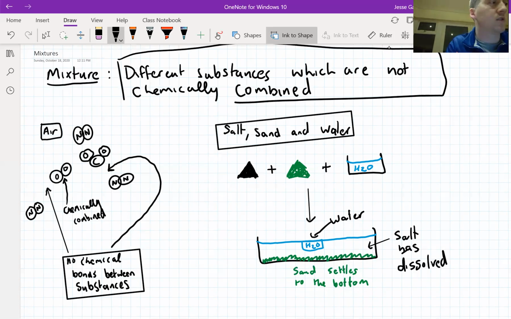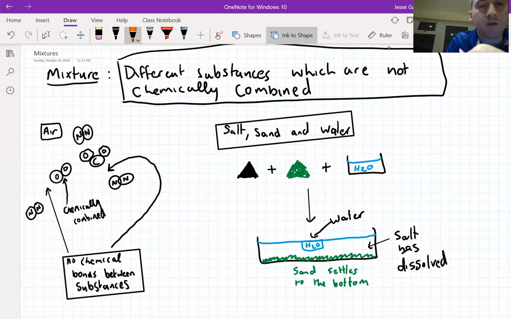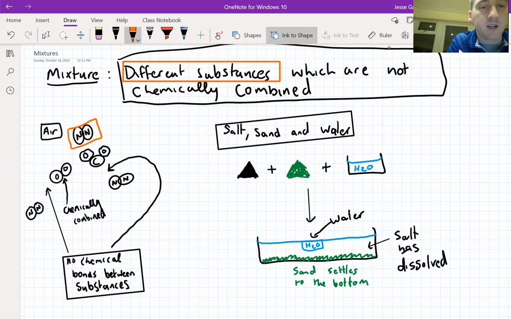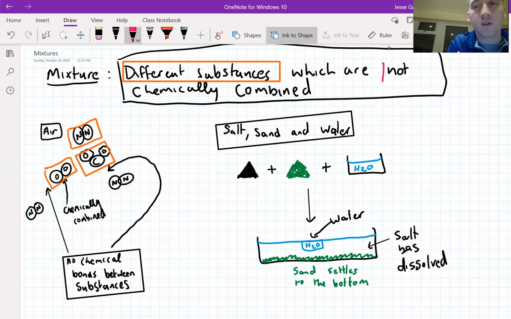These are mixtures. Okay, so let's highlight what's really important here. We've got different substances. So for example, in our air, nitrogen is one substance, oxygen is another substance, carbon dioxide is another substance, which are not chemically combined.